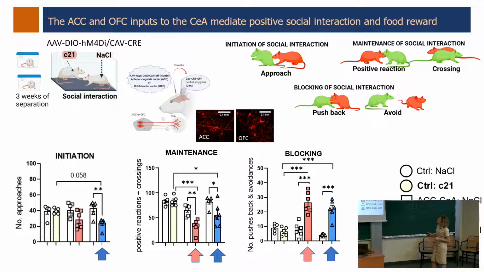But when we blocked the orbitofrontal cortex to central amygdala projection, we saw a more profound effect, even if the projection is more sparse anatomically. We had a decrease in initiation, maintenance, and an increase in blocking of social contact. So they were not interested in social contact whatsoever.